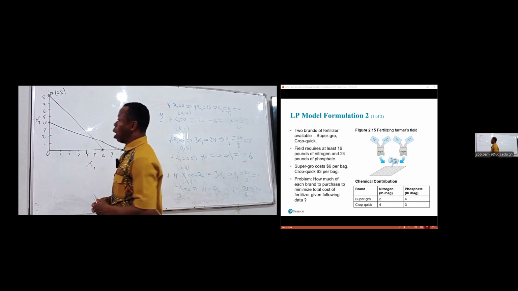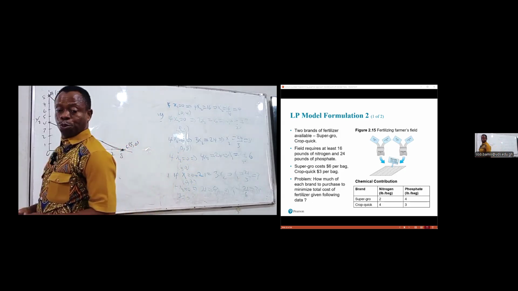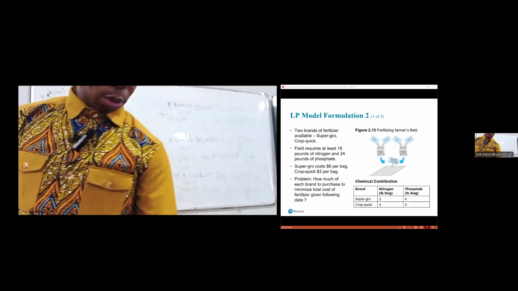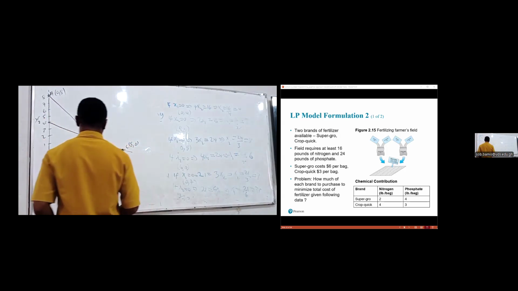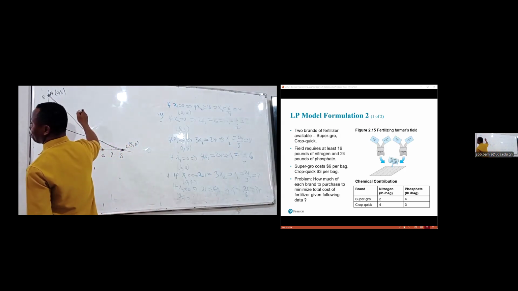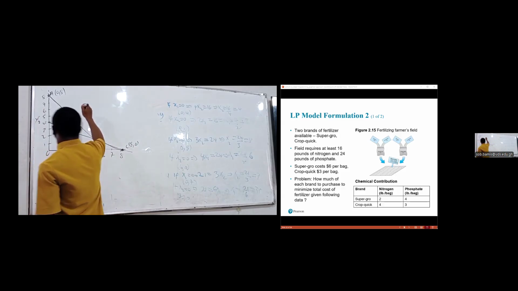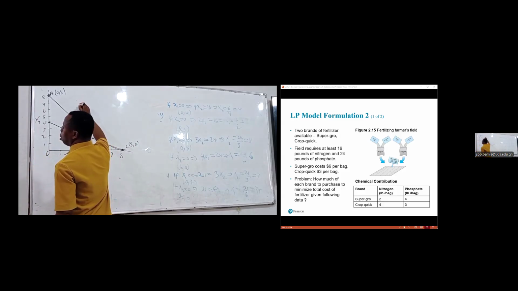So let's get back to our equations. The labor constraint, we said is what? The nitrogen constraint.